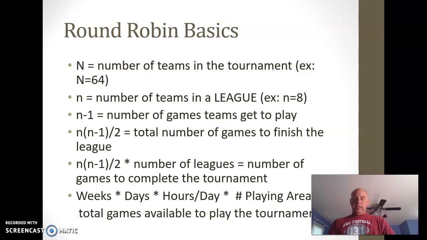Here is another equation to think about. We know we have 8 times 28 games to get all the leagues done, but now we have to look at whether we have enough facilities for that. To determine the total games available to play in the tournament, we look at the number of weeks for the tournament times the number of days per week.